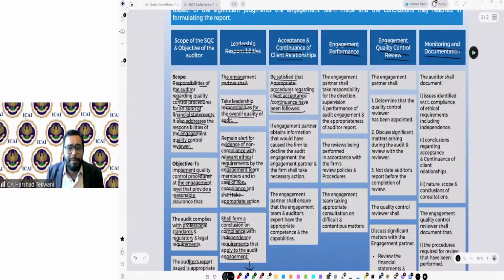Appropriate procedure will be the procedures that are defined by the policies and procedures as per SQC1. That is an appropriate procedure.